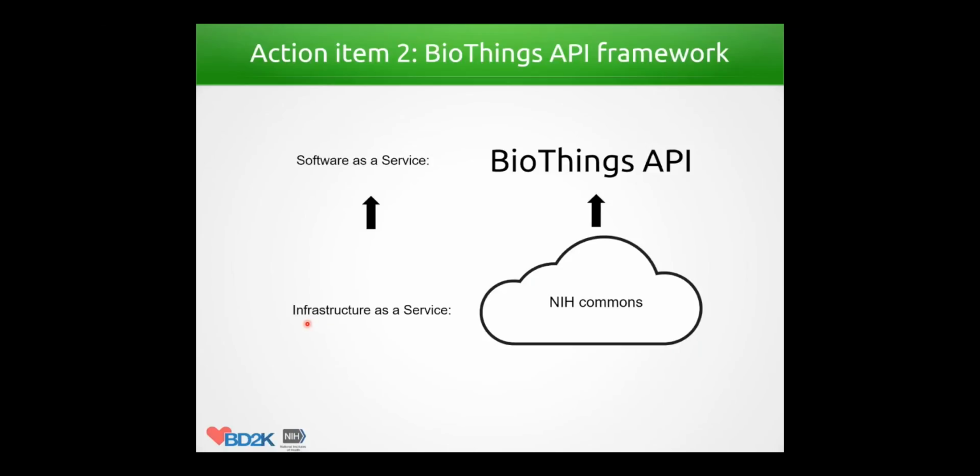They provide so-called infrastructure as a service. But what we want to provide with the BioThings API is so-called software as a service, something provided on top of the cloud service. People can use this framework to build additional web applications and web software.